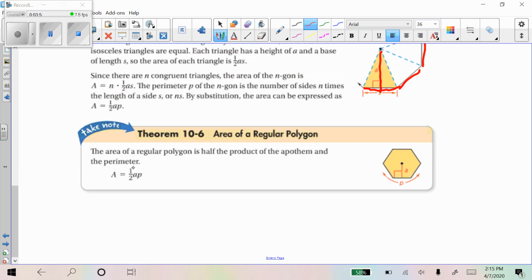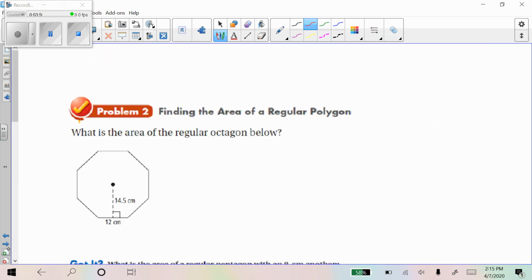Remember that a is a new term. a stands for the apothem. Okay, so in this problem, we're going to just go ahead and use that formula. We're going to do 1/2 times the apothem times the perimeter. And the apothem in this one is 14.5.